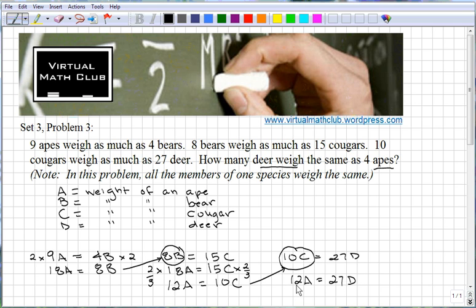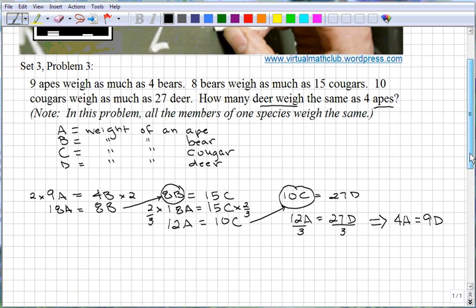So let's just divide both sides by 3, and then we'll get 4 apes. In order to maintain the equality, we have to do the same thing to both sides. We get 4 apes is equal to 27 divided by 3, which is 9 deer.